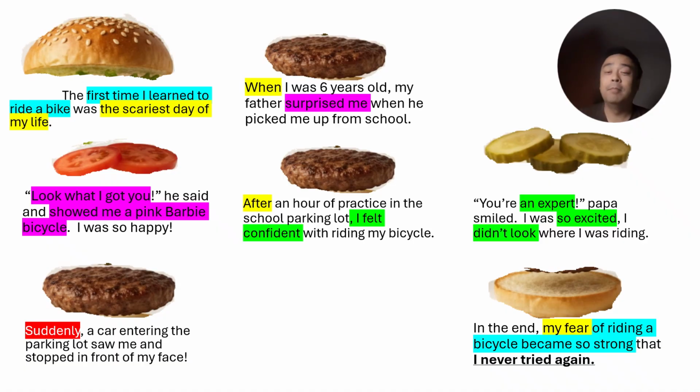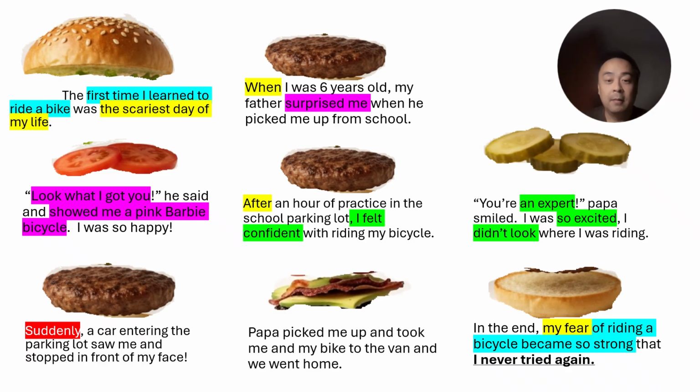"You're an expert," Papa smiled. I was so excited. I didn't look where I was going. And suddenly, a car entering the parking lot saw me and stopped in front of my face. Papa picked me up and took me and my bike to the van, and we went home. In the end, my fear of riding a bicycle became so strong that I never tried again.